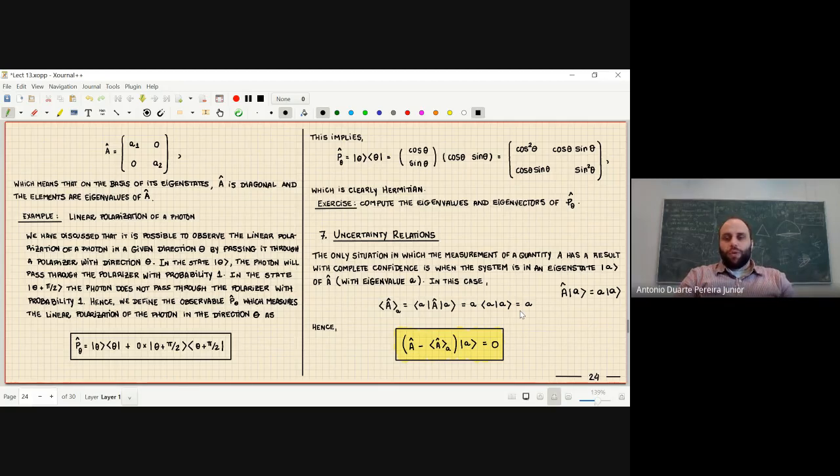If you are in an eigenstate of an operator A and you want to compute the expectation value of this operator A in this state, then this will be equal to the eigenvalue associated with this eigenstate, which is just a. Okay?